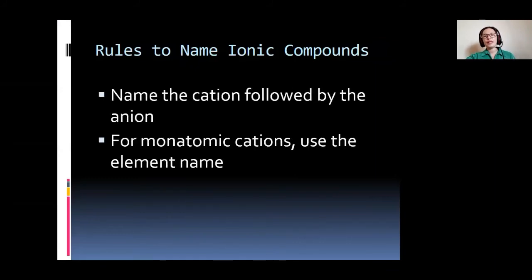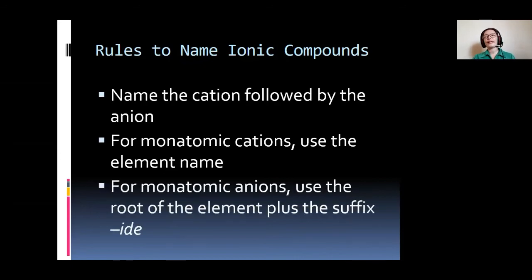So for naming, let's move on to naming binary compounds consisting of a metal and a non-metal. You name first the cation, or the metallic element, followed by the anion with the IDE ending. Only the anion, the non-metallic element, will end in IDE.